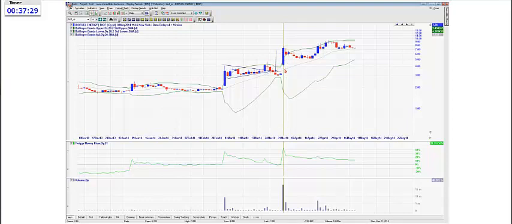We look at what was the horizontal level that it broke. The horizontal level in this case was not down here. It actually gapped that. The horizontal level it broke was here. And so now again, we actually get our flagpole. We're able to duplicate it to the point at which it breaks out from, which is here. Again, we get our downward consolidation.